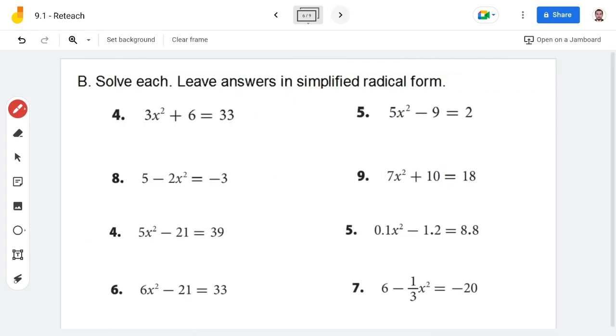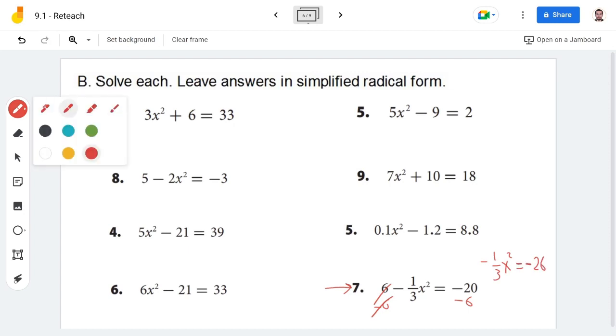Now, here we have some examples. You can try to solve all of these examples. I will just give you a hint here. In question number 7, when you subtract 6 from both sides, the equation will be negative 1/3 x squared equals negative 26. Now how can you simplify this?